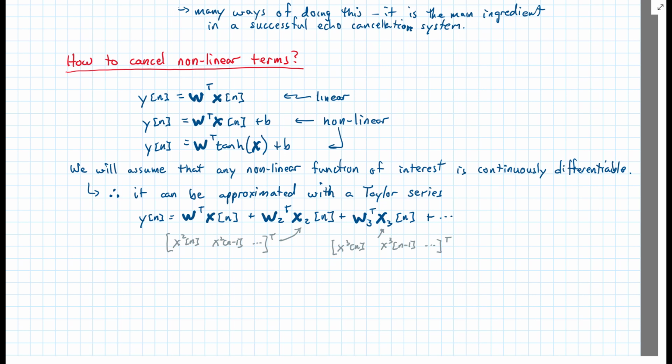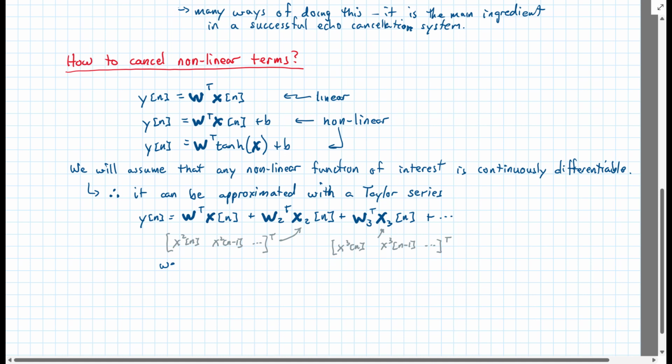We don't actually need to put in the Taylor series weights, which would have the derivative evaluated at a point divided by n factorial types of things. We don't need that because the weights are going to adjust to whatever it is, and so we can assume that any scaling would be absorbed by our adaptive weights W2 and W3.